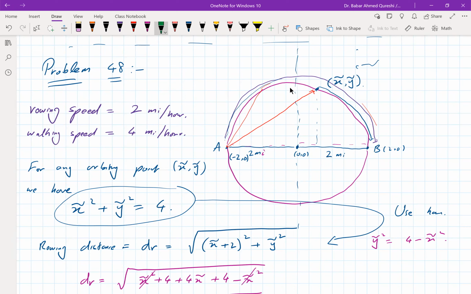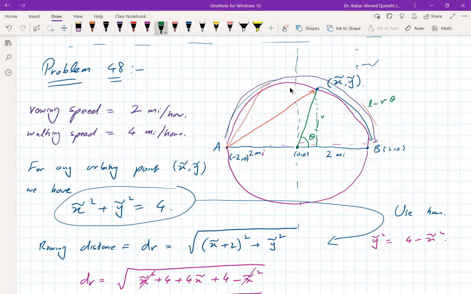Because this is a circle, if I count from the center of the circle and compute this angle in radians, then I know that the arc length is just r theta. So all I need to do is compute theta. That I can do by taking the tangent of theta.